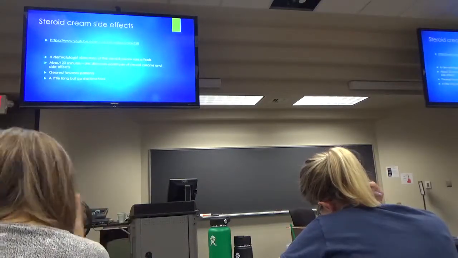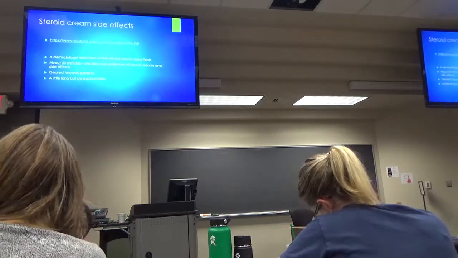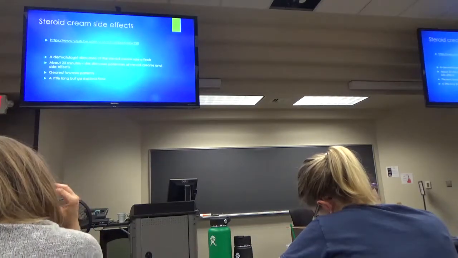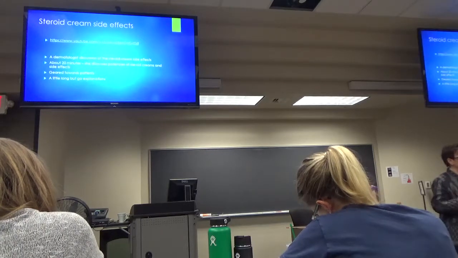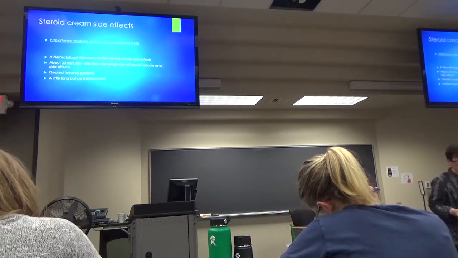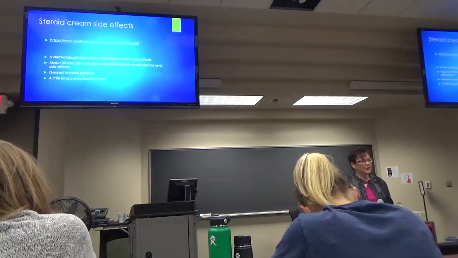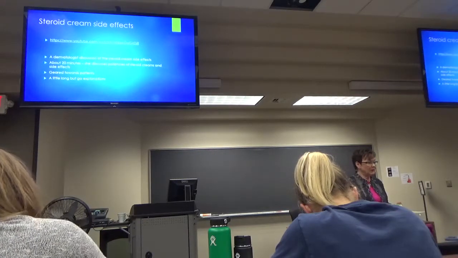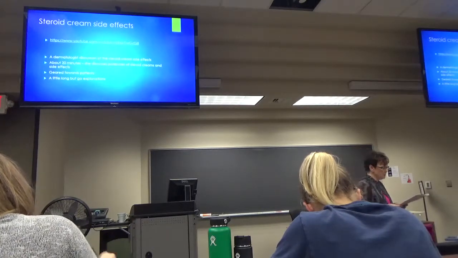Prolonged use, more than 3 or 4 weeks, you will start getting systemic side effects. Potency, and the place where you put it: the thinner the skin, the more likely you are to get systemic absorption. The patient age: the younger the kid, and if you put them in those areas of the body that we talked about, they really get huge absorption.